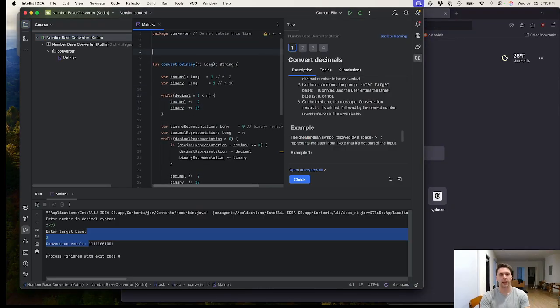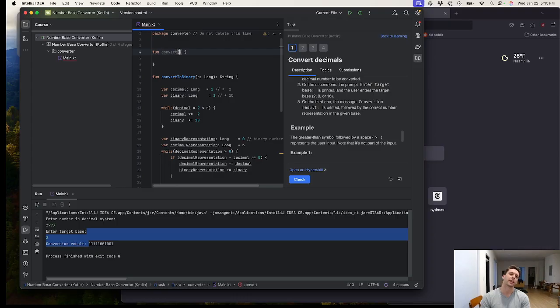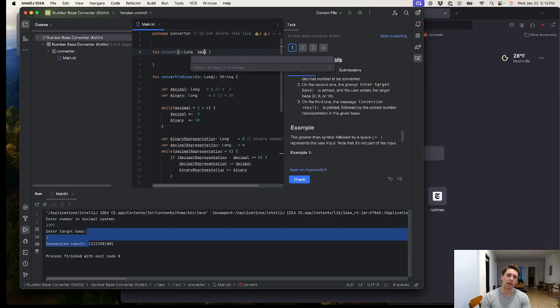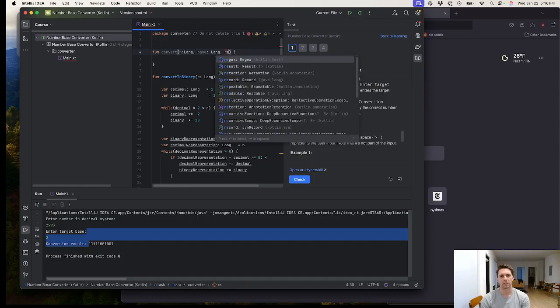So imagine, right? It's like something more like fun convert, and then we do like n long, base, int. We'll just call it long 2, and then representation. I don't know why it's capitalized.